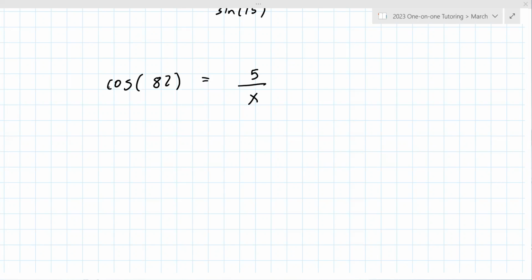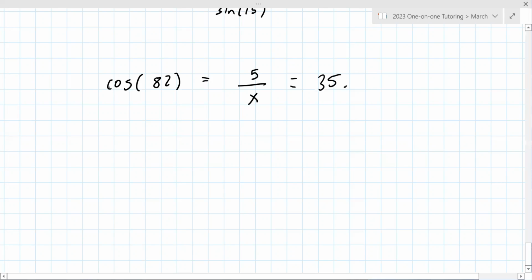To what decimal point? One? Yes, that would be good. Okay. 36 point, well, okay, if it's one decimal, then it would just be 35.9. Good. Very good. That's great.